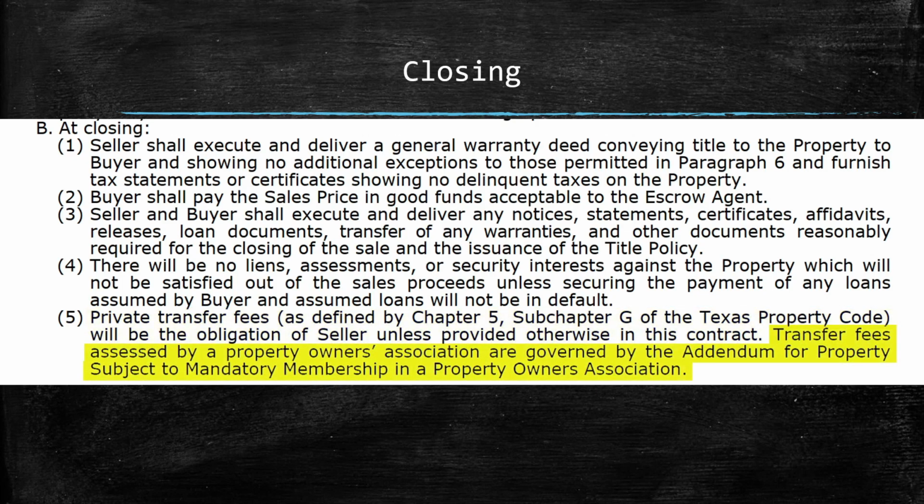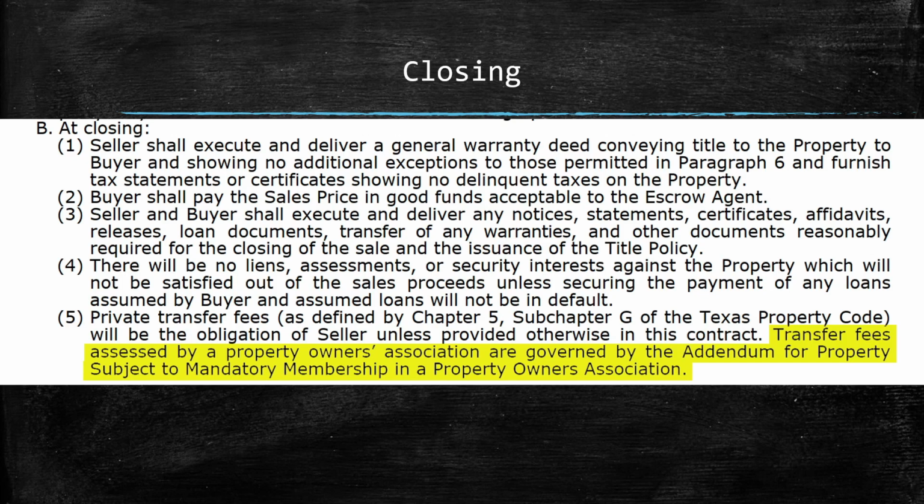Transfer fees assessed by a property owners association are governed by the addendum for property subject to mandatory membership in a property owners association, the POA addendum or the HOA addendum, however you refer to it.